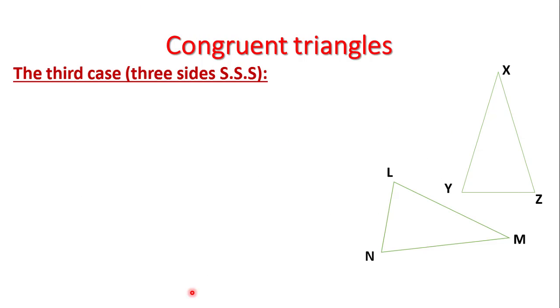The third case, if the three sides are congruent. This means that, for example, XZ equals MN, XY equals ML, and finally YZ equals LN. So the three sides are equal. Each corresponding side is equal in length.